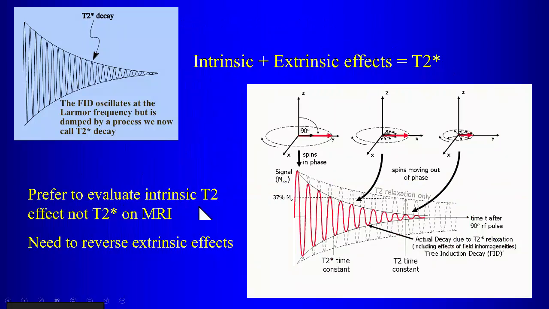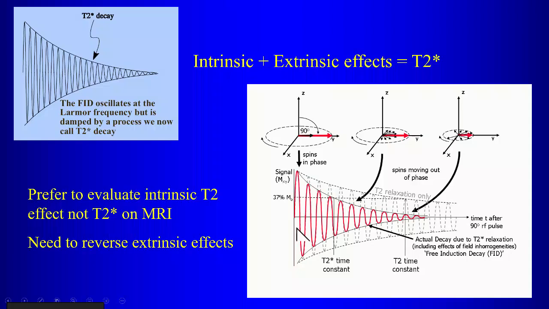We prefer to evaluate the intrinsic T2 effect since that's determined by the tissue environments of the protons, and that gives us more information about pathology. So to be able to do that, we need to be able to reverse the extrinsic effects, okay? If you were looking at only the T2 relaxation, it would take longer for that signal to decay.